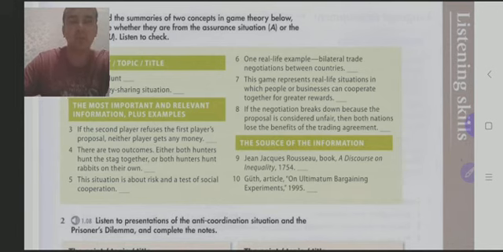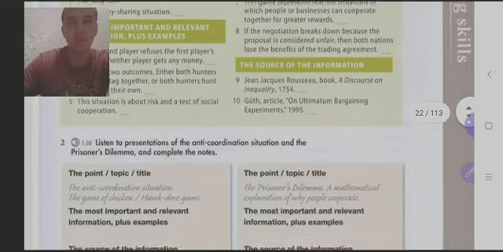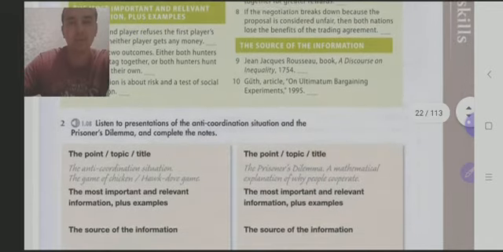Again, A or U. The source of the information. 9. Jean-Jacques Rousseau, book, Discourse on Inequality, 1754. A or U. And Güth, article on ultimatum bargaining experiments, 1995. Again, A or U. You have to find the correct answer.